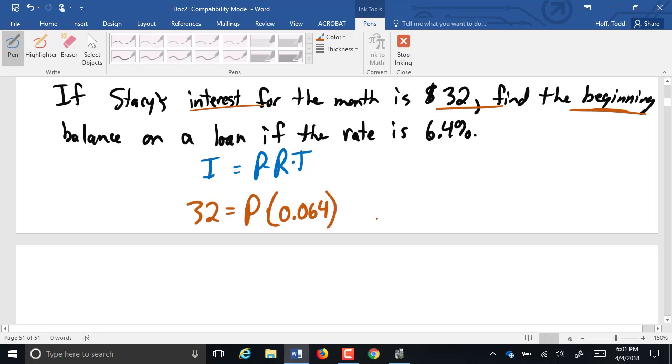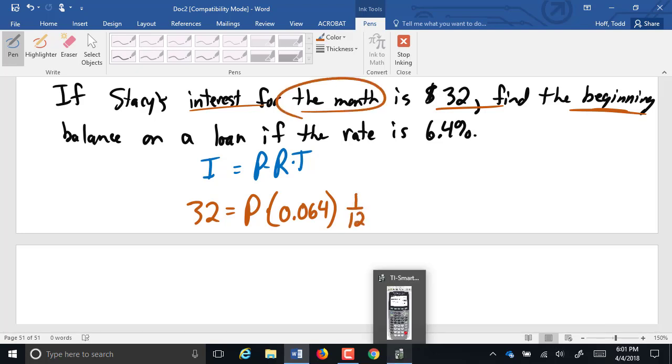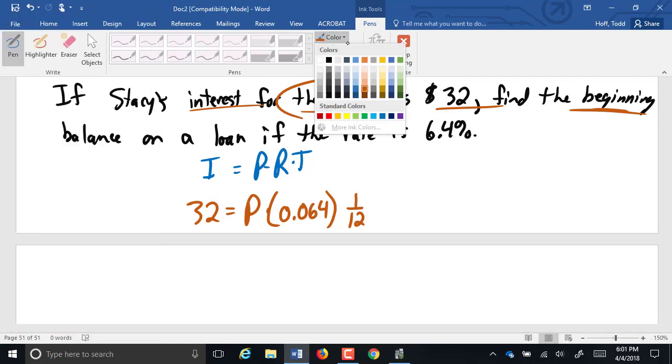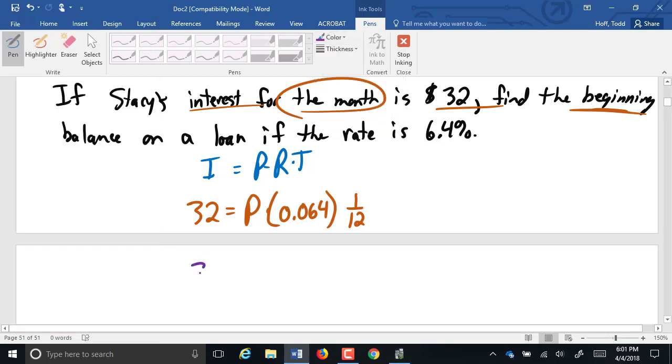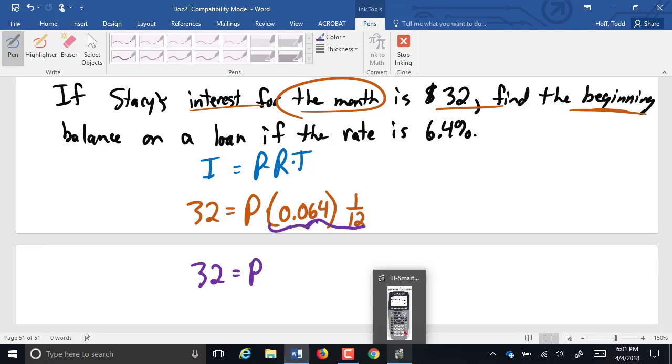T is a little bit trickier here. It says for the month. So it's 1 month, 1/12.